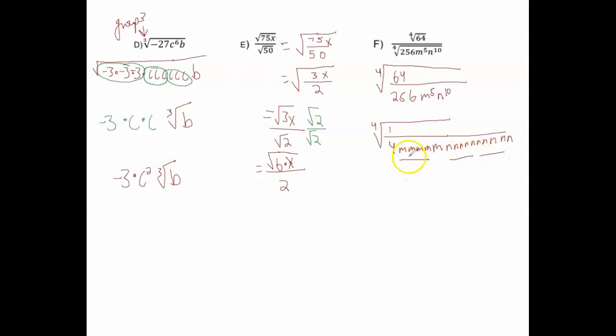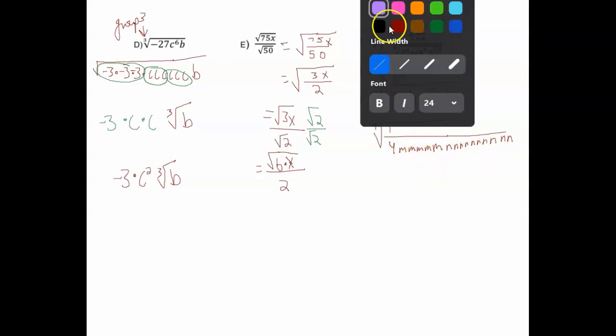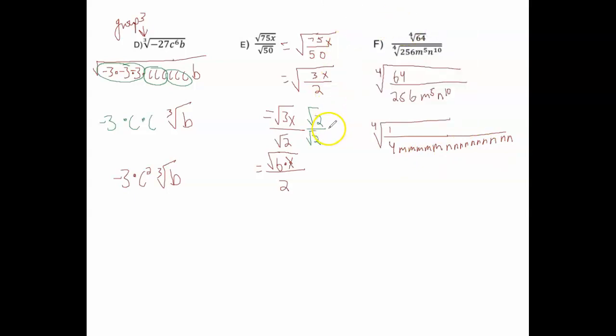So then we group what we can by 4s. So in the denominator I can have an m and n squared.